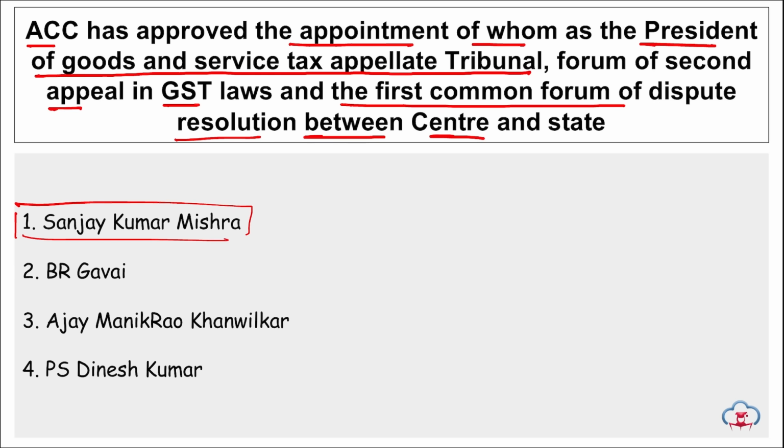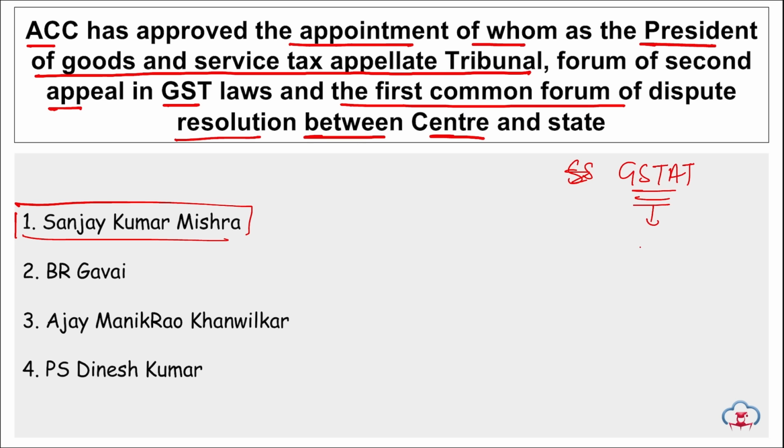Apart from this, remember Sanjay Kumar Mishra, he is the former Chief Justice of the High Court of Jharkhand and now has been appointed as the President of the Goods and Service Tax Appellate Tribunal, that is GSTAT. Right, if we talk about this GSTAT, the Government of India established this organization basically for the resolution of disputes within the business sector.